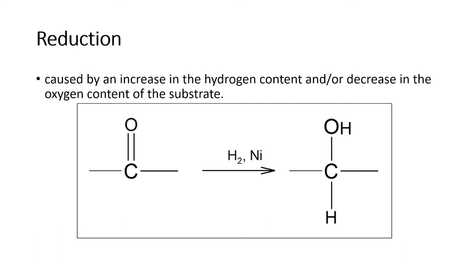So, notice that in this general structure or general formula, due to the presence of nickel and hydrogen, the substrate has a carbon that is double bonded to an oxygen, and our product has a carbon that is attached to an alcohol functional group and a hydrogen.